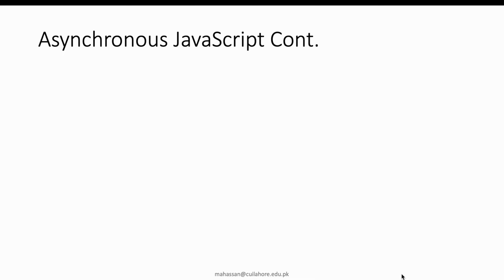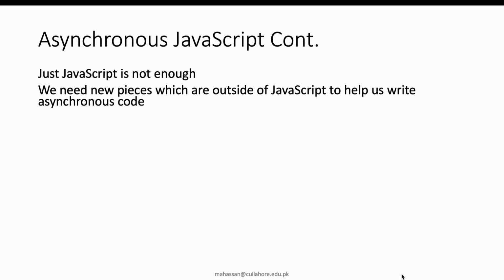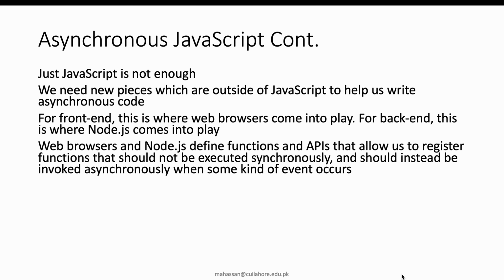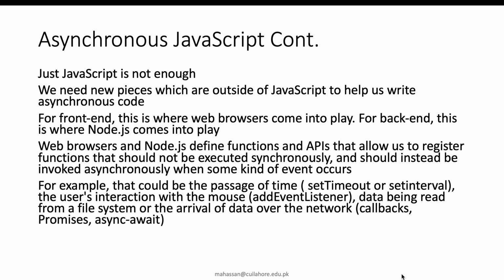Well, as it turns out, JavaScript alone is not enough to achieve that. We need new pieces which are outside of JavaScript to help us write asynchronous code. In the front end, this is where web browsers come into play, and in the back end, this is where Node.js comes into play. Web browsers and Node define functions and APIs that allow us to register functions that should not be executed synchronously and should instead be invoked asynchronously when some kind of an event occurs.